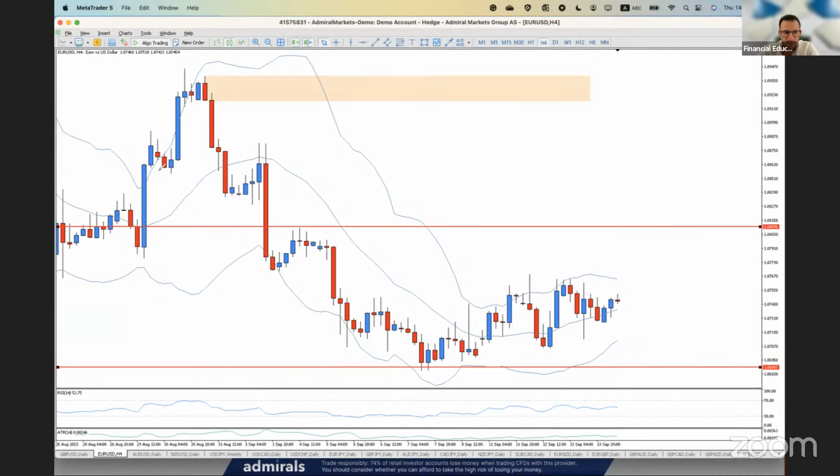There was some change of market structure here, lower highs and lower lows transforming to higher highs and higher lows. A tradable opportunity for order block traders, this one here.